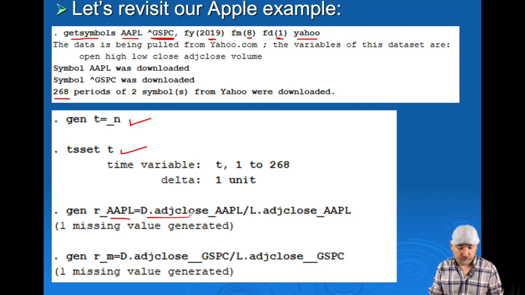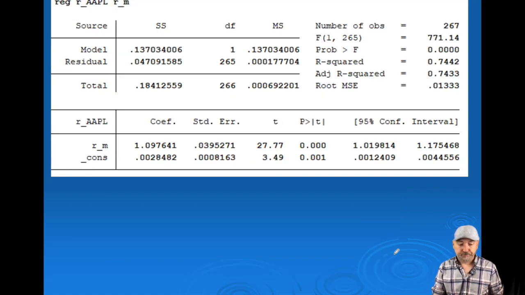So it's going to be the difference in that adjusted close over the lag of the adjusted close. And then do the same thing for the market. So R sub M, that's going to be the percentage change in the S&P, so the difference over the lag. Mission accomplished. So now we have what is going to be the Y variable of our CAPM versus the X variable as that market return.